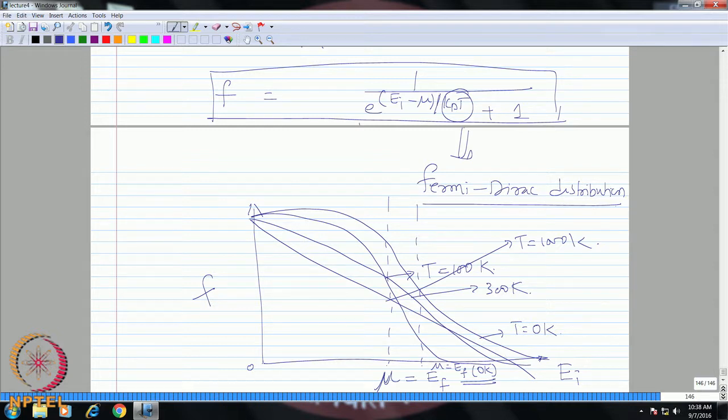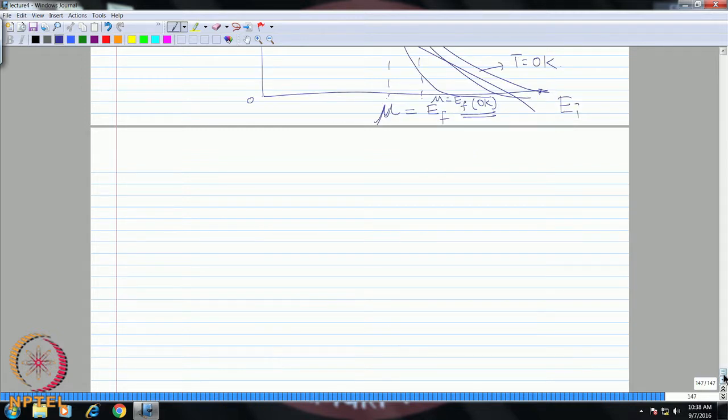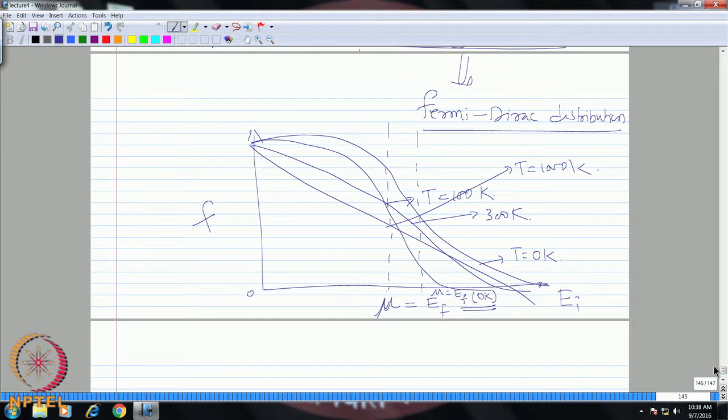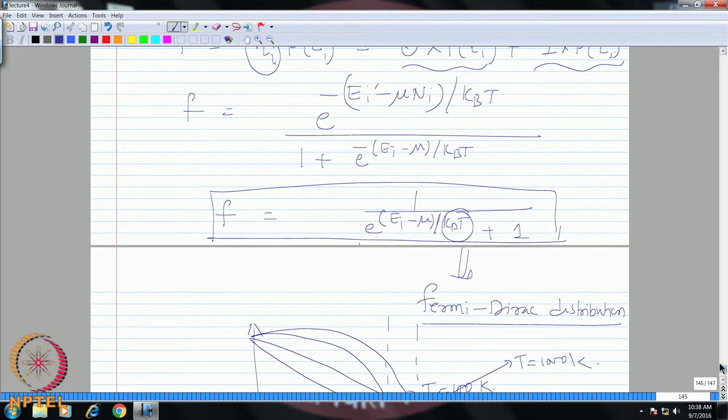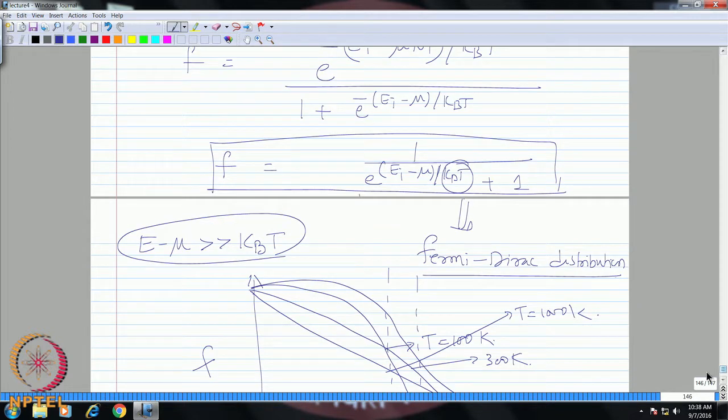and for the case when your E minus mu in the numerator, for the limiting case we can say when your E minus mu is much greater than kBT. So, what happens to this term?